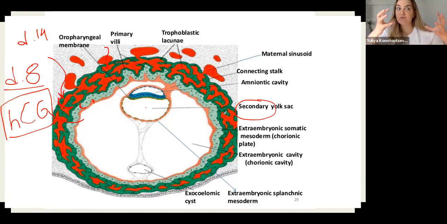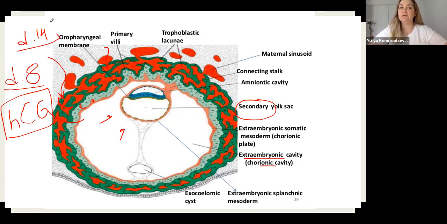What was the physical force that caused your primitive yolk sac to burst? The extraembryonic cavity grew. So the extraembryonic cavity, the chorionic cavity, as it was being formed, was exerting pressure on the original yolk sac. The original yolk sac could not handle that much pressure, so it bursts, right?